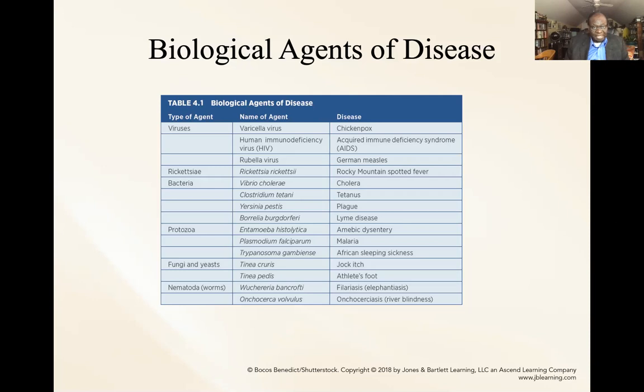You have fungi and yeast. You have the athlete's foot. Then you have the nematoda, which are worms. So these are all possible agents, and these are biological.